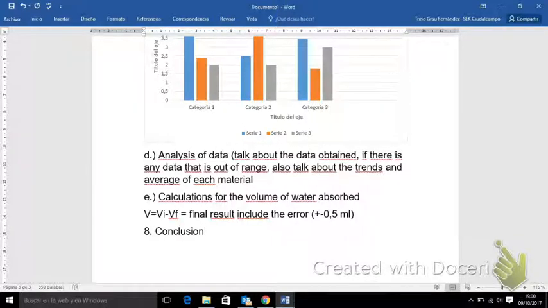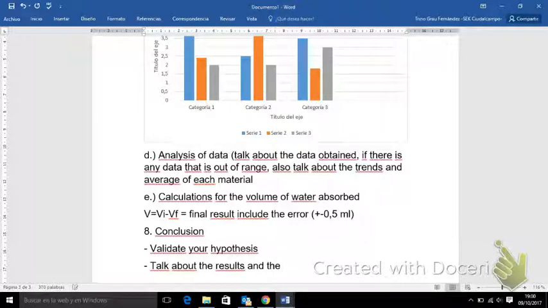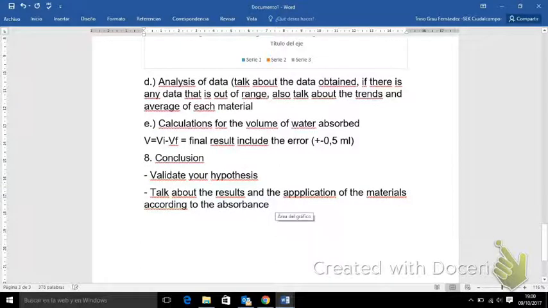In the conclusion, you need to validate your hypothesis and talk about the results and the application of the materials according to the absorption.